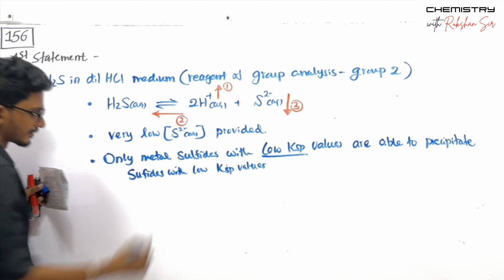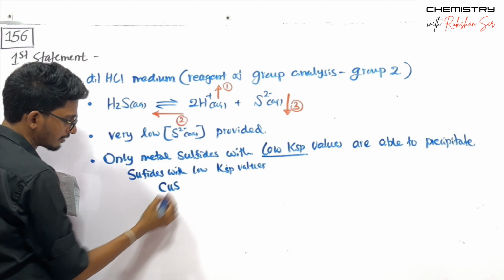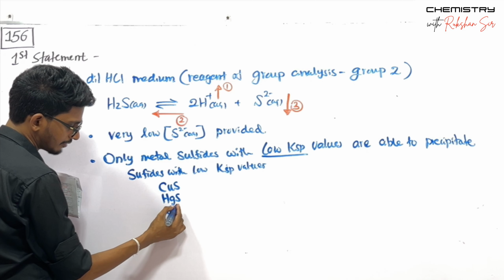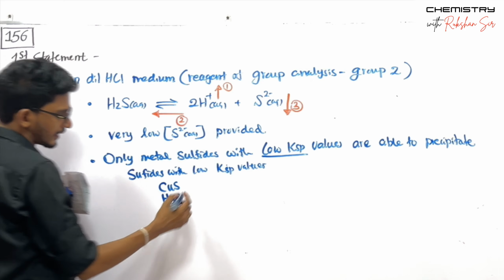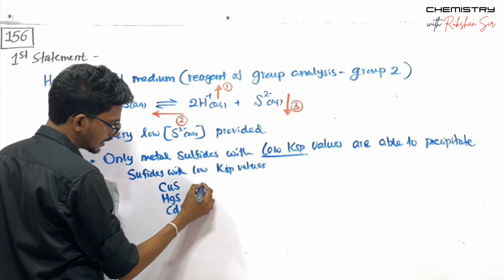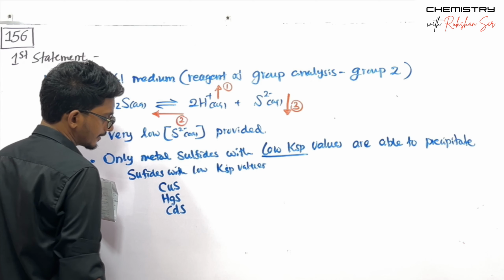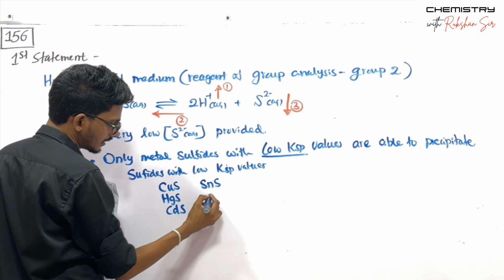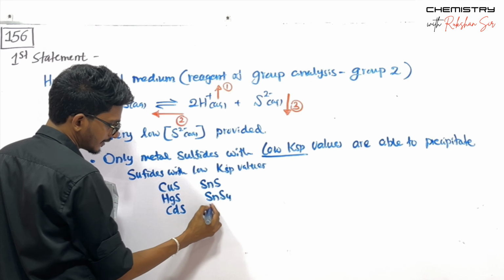What are those? From the d block, it is copper sulfide, mercury sulfide, and cadmium sulfide. From the p block, from group 14, tin 2 sulfide, tin 4 sulfide, lead sulfide.